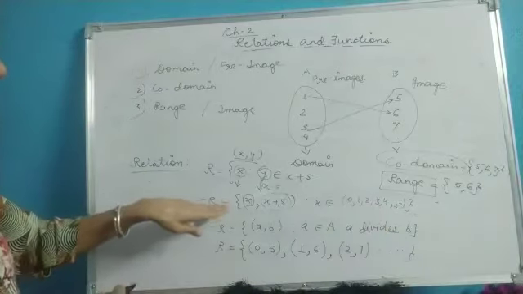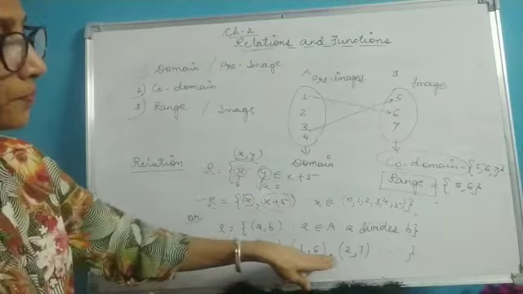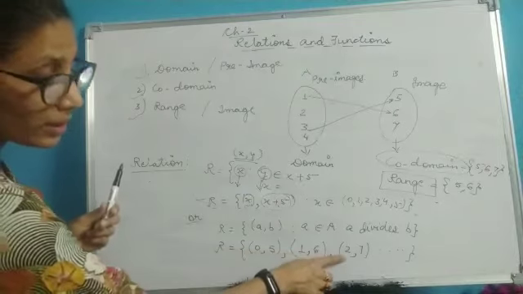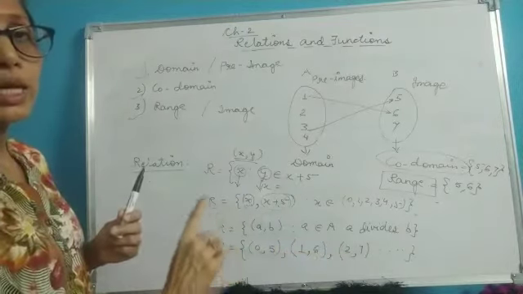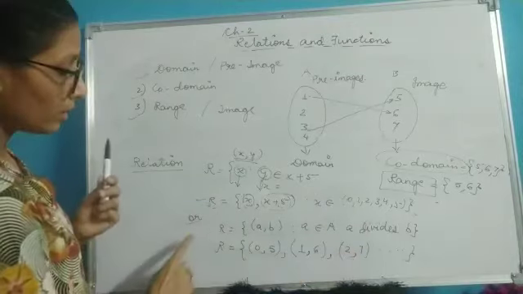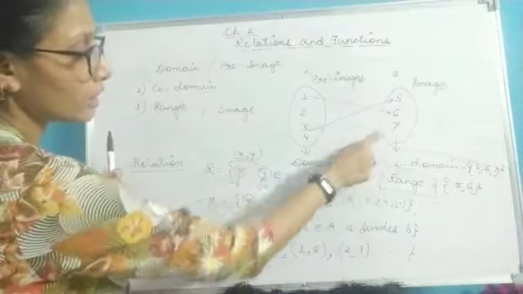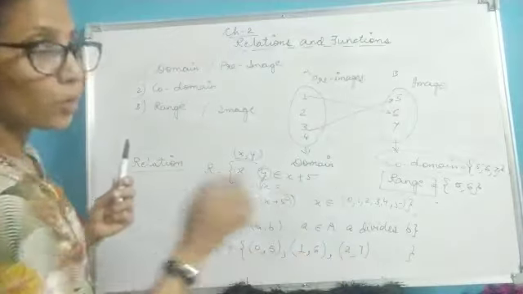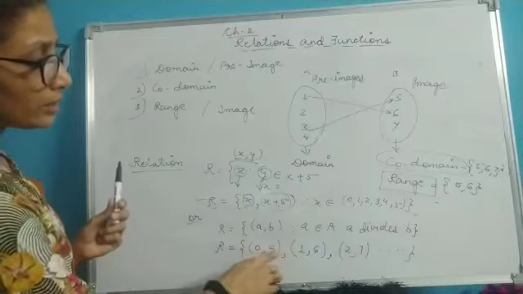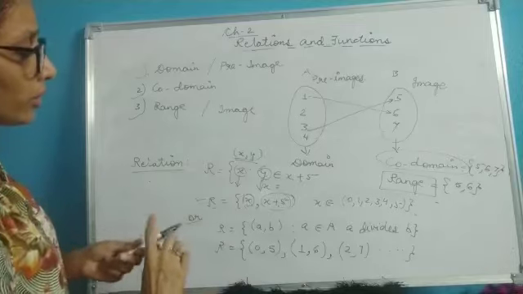So this is the relation written in your set builder form and this is the relation in your Cartesian product form, which denotes that these are the elements of set A, the domain, and these are the range of the relation, 5, 6, 7. That means these are the elements of set B. The first element always denotes the domain of the given relation and the second element always denotes the range of the given relation.